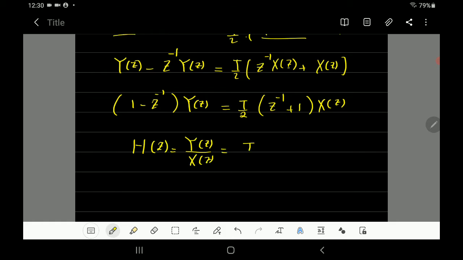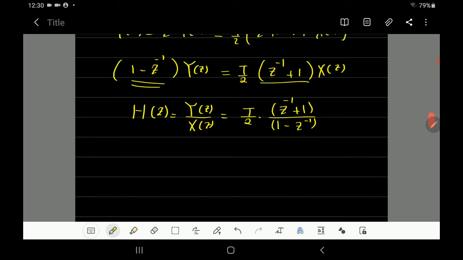That will be equal to T over 2, and we have this term, z^-1 plus 1, over this term, 1 minus z^-1. If you would like to get rid of z^-1, multiply the top and the bottom by z, so no change will happen to it.